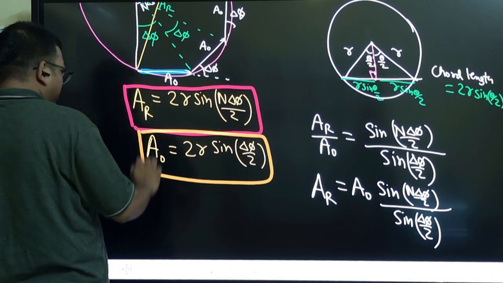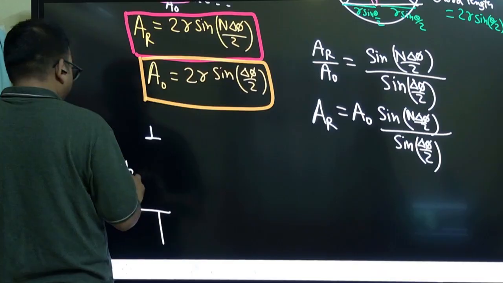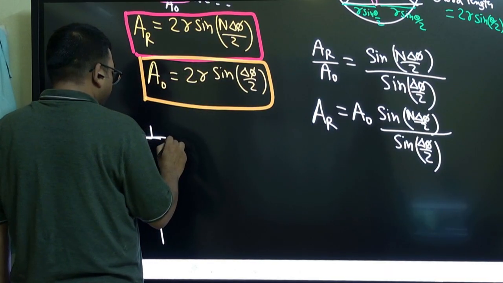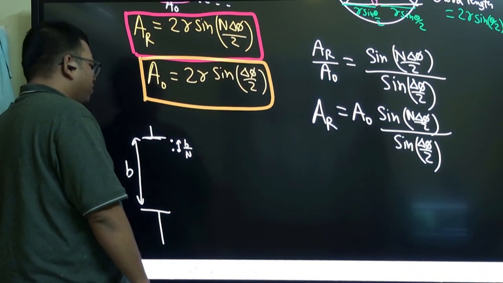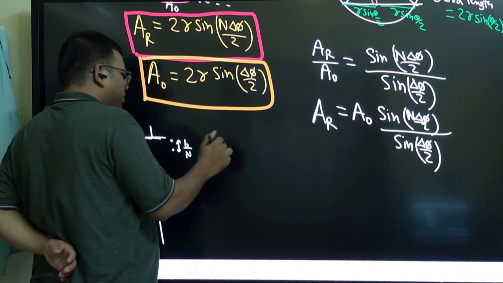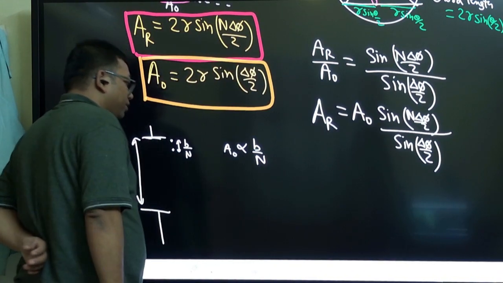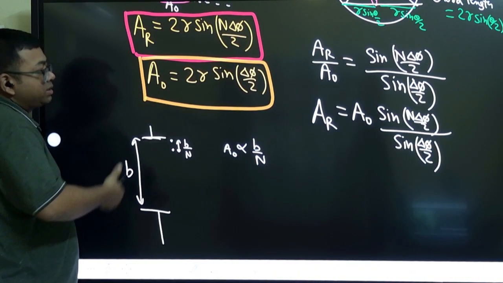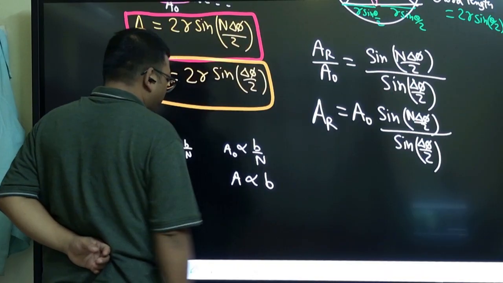Now suppose I consider that this entire slit, which has the width b, we have broken into small slits of width b by n, where n is the number of elements that we have divided. So the amplitude coming through each of these, A naught, was proportional to b by n. Now suppose from the total slit the amplitude coming is A. So that total amplitude A is also proportional to b, right?